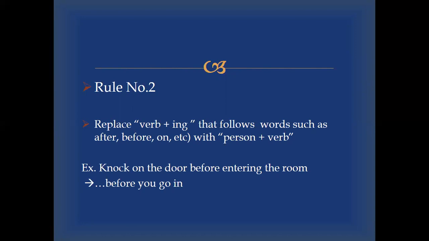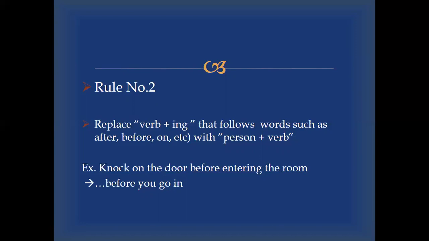Rule number 2 is to replace verb ing, which we call the gerund, that follows words such as before, after, while, etc. And we need to change this also with a person or a pronoun and a verb. For example, knock on the door before entering the room.